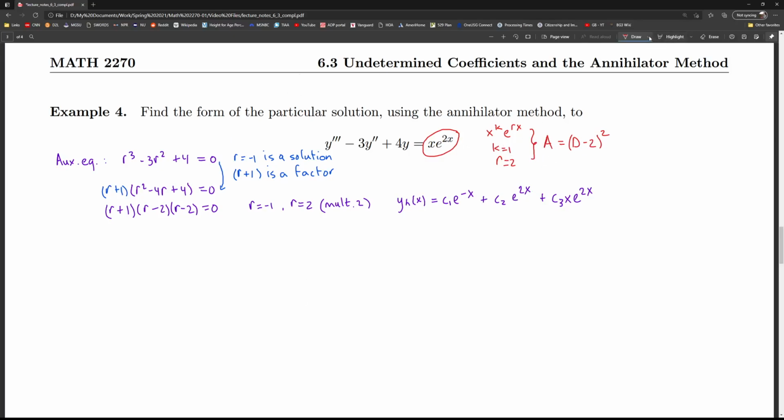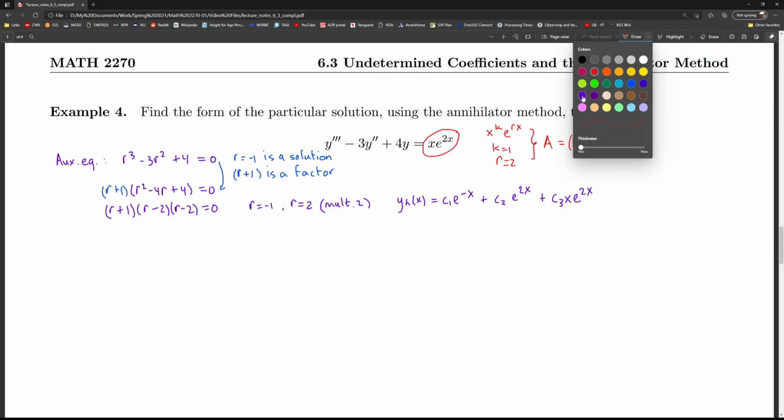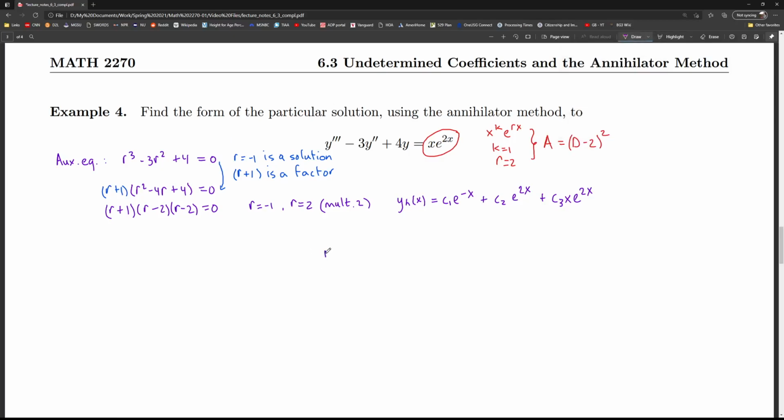So let's take a look at our differential equation. We have d cubed minus 3d squared plus 4 acting on y of x equals x e to the power 2x.